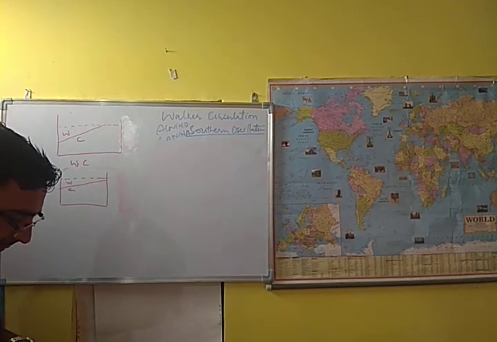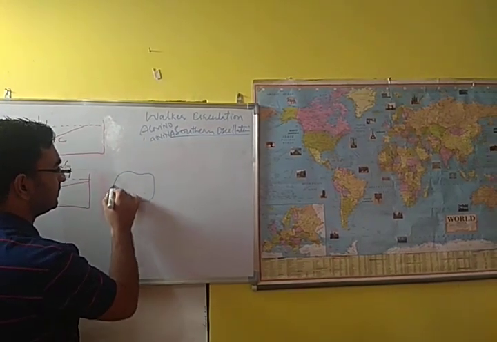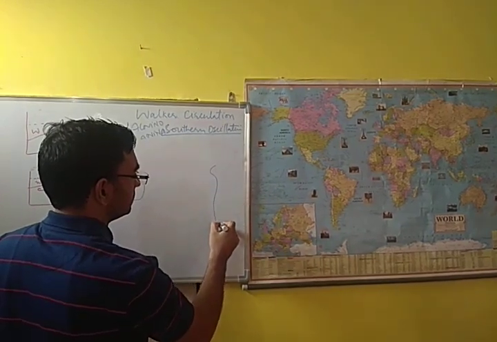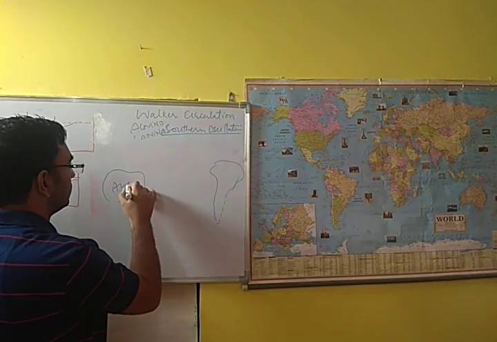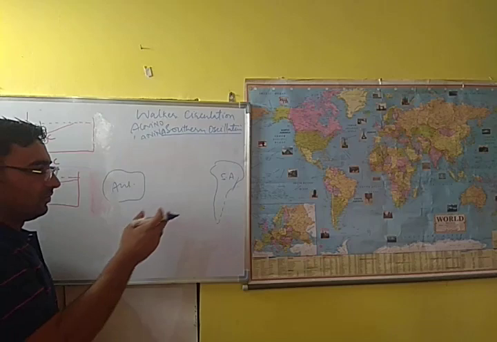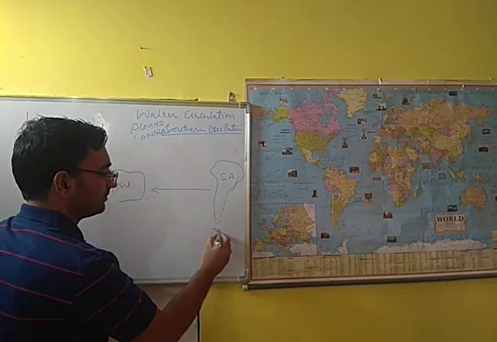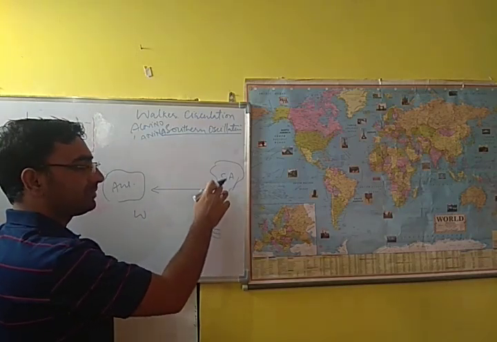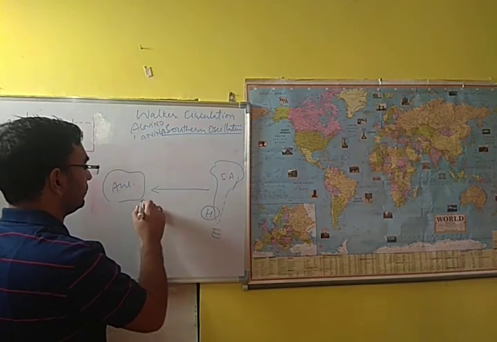Now if I see what is El Nino, again I have Australia here, and I have South America here. During El Nino, this Walker circulation, which was moving from east to west, will be vacant. Initially, I had high pressure here and low pressure here.